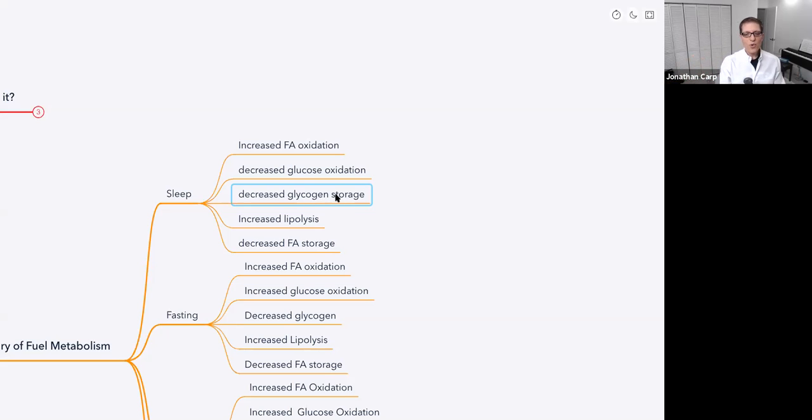So when you're storing glycogen, you are essentially storing a reserve of energy in the form of sugar, of blood glucose. Now, your body obviously can also store fat. And so when you have lipolysis, you're actually breaking down fat. And fatty acid storage, of course, is you're essentially storing it.